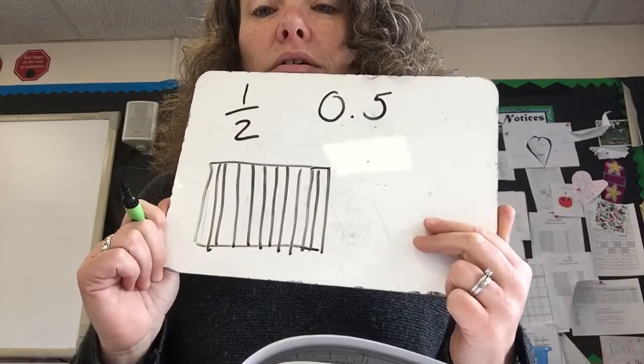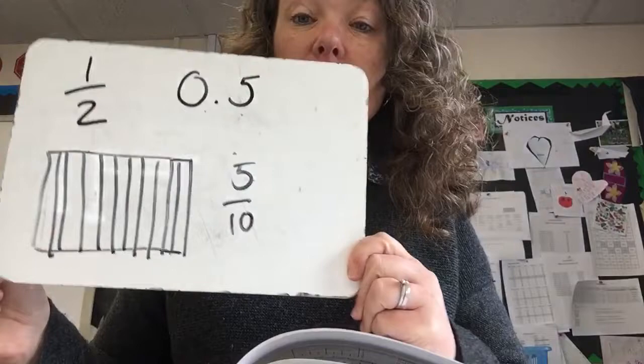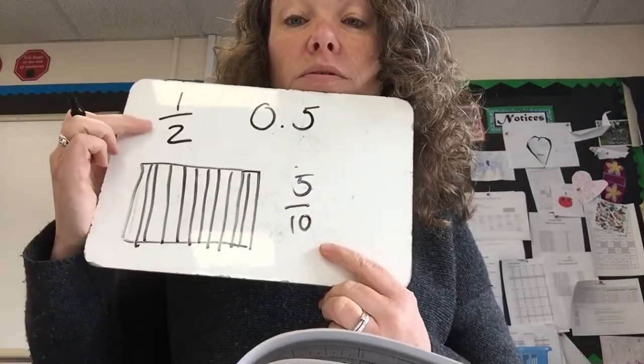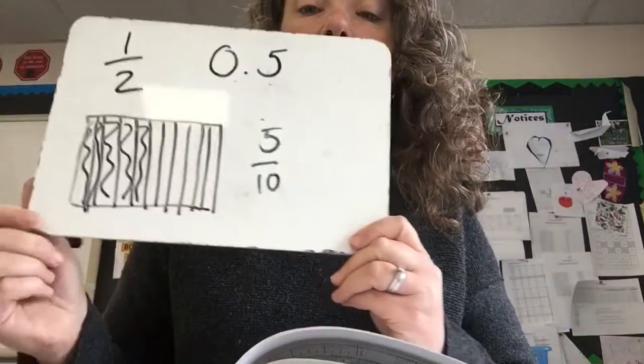Now, if we were going to colour half of that in, you know that we would colour in 5 out of 10 of them, because you know that 5 out of 10 can be simplified to a half. So let's quickly colour in 5 out of 10. 1, 2, 3, 4, 5. There we go.